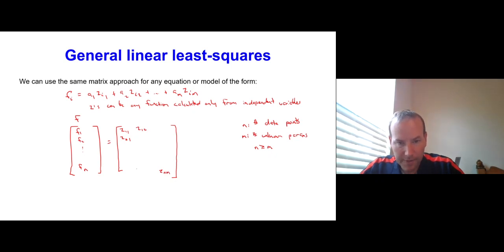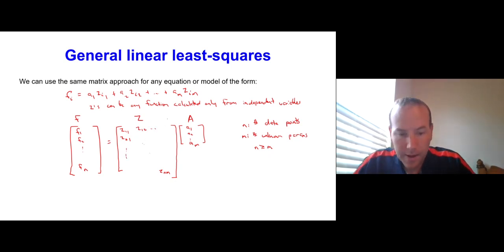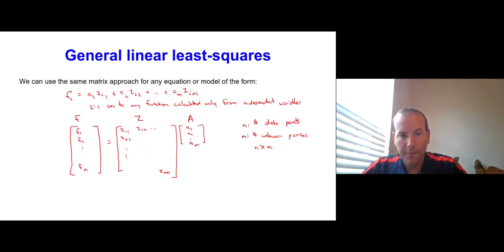You notice that these don't have to have the same dimensions, and they often don't. We often have more data points than we have unknown parameters. And these are our m unknown parameters. So we've got an F matrix, a Z matrix, and an A matrix. So the overall form of these equations is F = ZA.